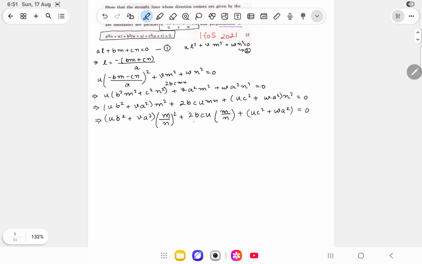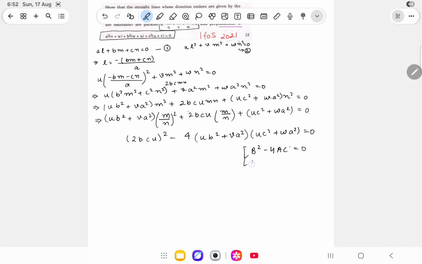To calculate the discriminant, I get (2BC) square minus 4 times the coefficient of M by N square, which is (UB square plus VA square) into (UC square plus WA square), equals 0. I got this using B square minus 4AC, which is the discriminant if my equation is AX square plus BX plus C equals 0.